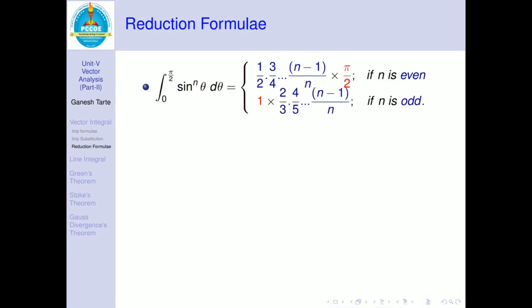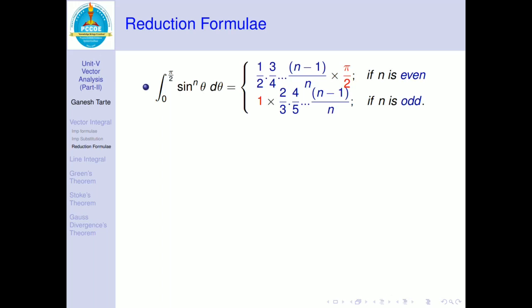Now the next important formulas are reduction formulas. The first formula is for the integral from 0 to pi by 2 of sin raised to n theta d theta. Here everything depends on the power. If n is even, meaning the power of sine is even, then even means a multiple of 2, so we can easily find a pair for every number, and therefore the formula is simply pairing into pi by 2.